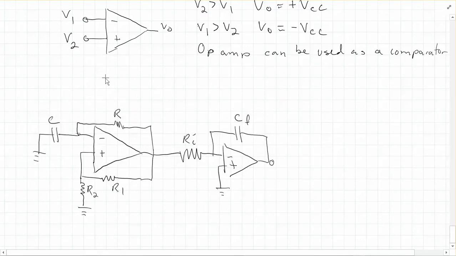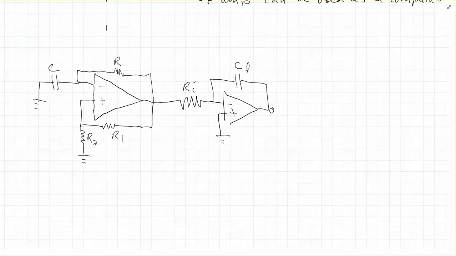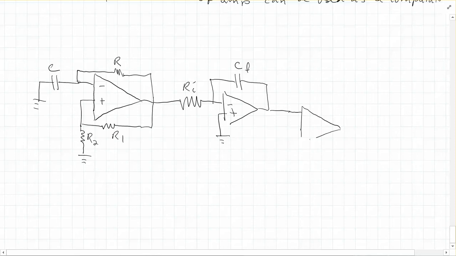So we're going to take this circuit and add a comparator stage onto it. So what we're going to do is hook this up. And I want to think just for a second here.